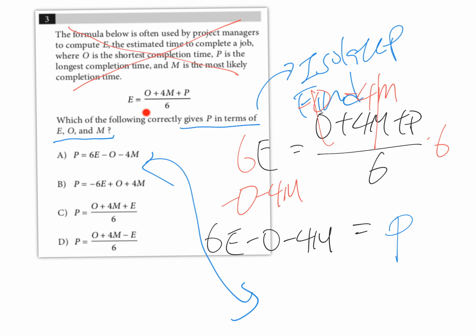So eventually, somewhere down the line, I know I have to subtract O. So I know that O has to be negative, and hence my answer choice can only possibly be A. And you know that you have to subtract 4M somewhere because of the positive 4M. So my 4M has to be negative at the end of the day. That's another way to think about the problem, to know that the correct answer choice has to be A.